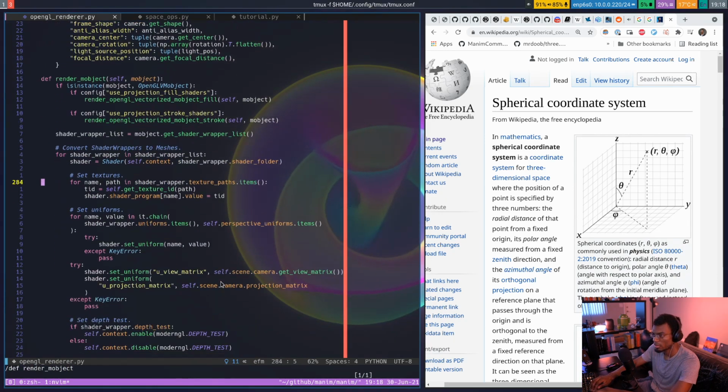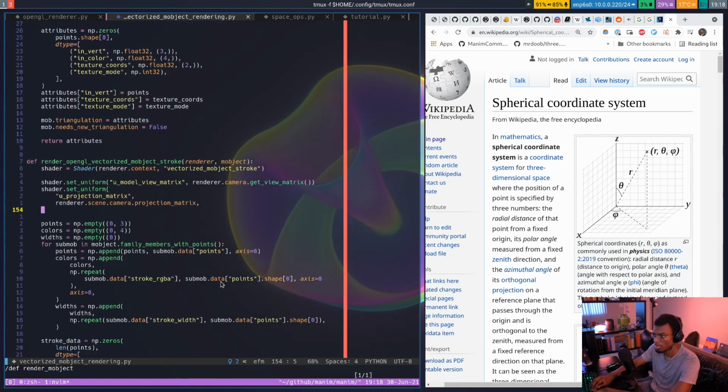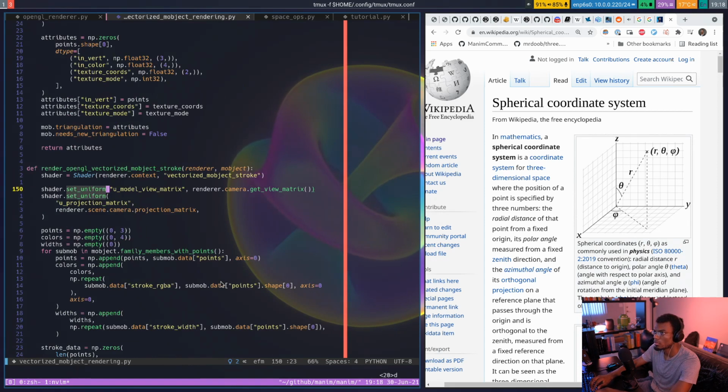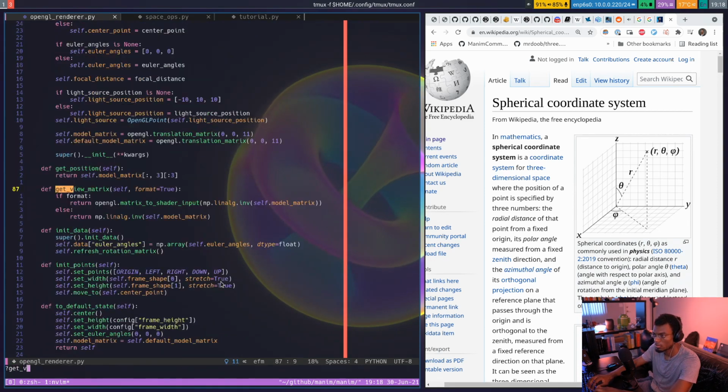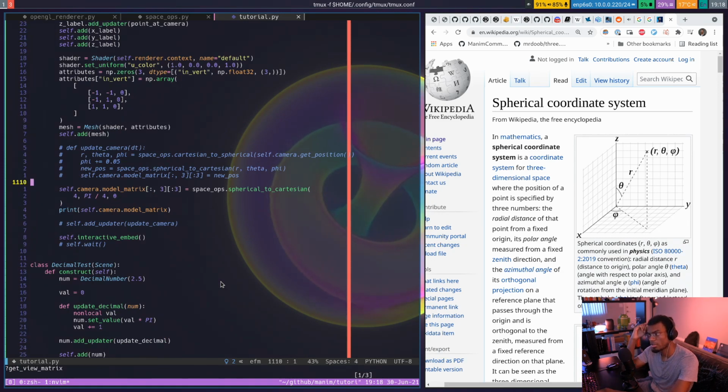Render object. Is that happening? That must be happening. If I go here, camera.projection matrix. Yeah, camera.get view matrix here, which will invert the model matrix. So why does it seem like this isn't doing anything?